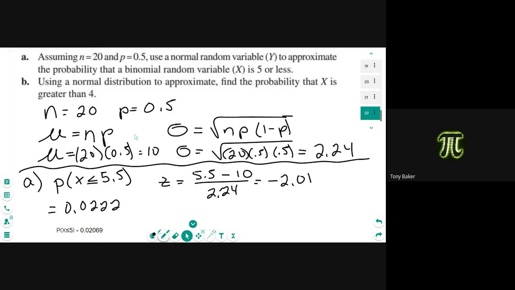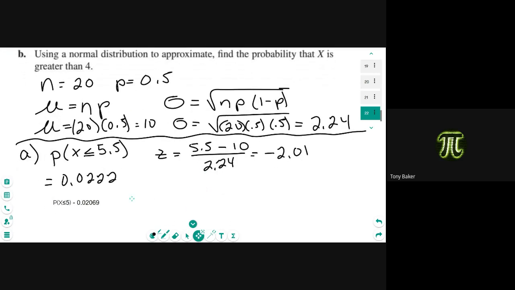All right. What if I wanted to find the probability that X is greater than 4? How do we do that one? I'm going to do greater than or equal to what?